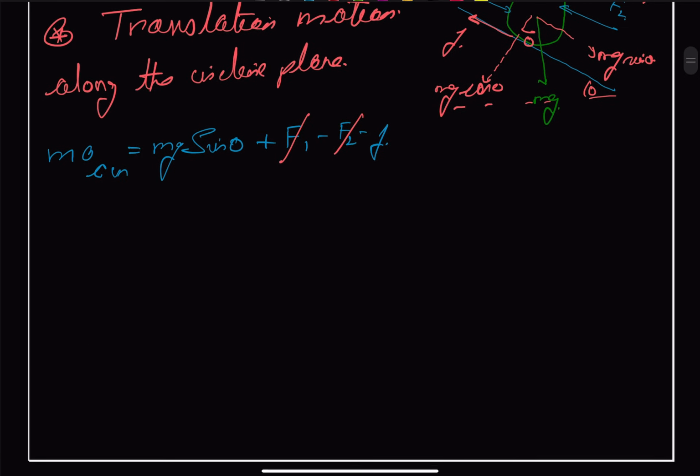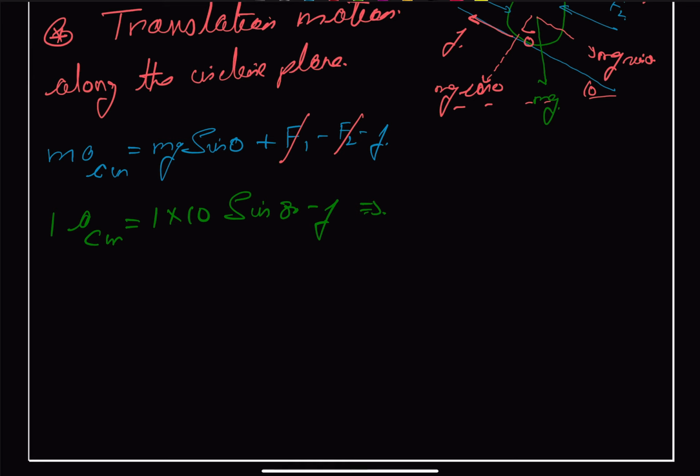Radius is also 1, so we get 1 times ACM equals 1 times 10 times sin 30 minus F, and sin 30 is 1 by 2, so this comes to 5.